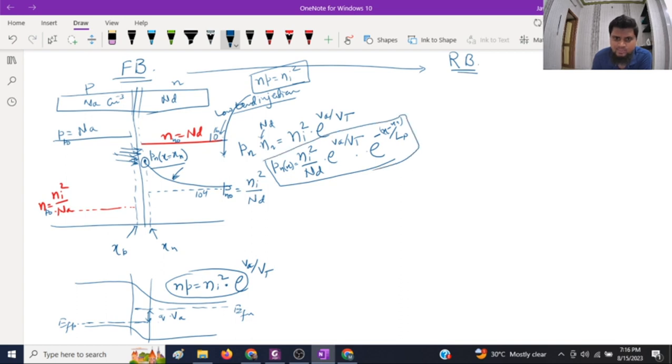A similar expression you can find for minority carriers on the P side, right? And the excess charge on the P side, delta P. So what is the excess charge?